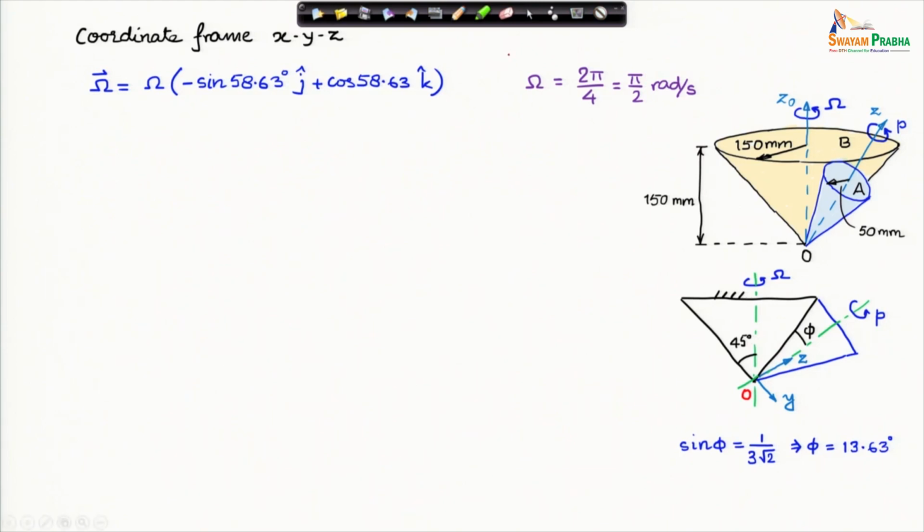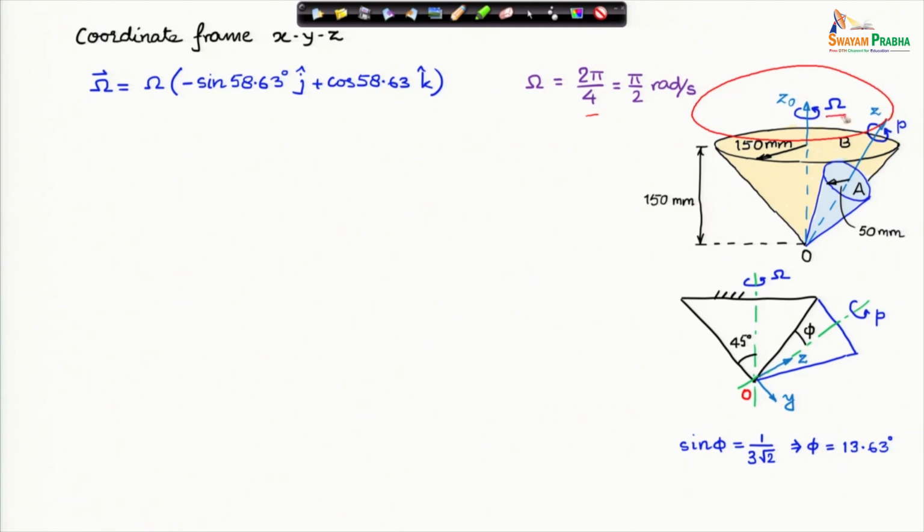Now, the magnitude of capital omega is given in terms of the time it takes for the small cone to make a complete trip around cone B, the fixed cone. This axis covers 2 pi radians in 4 seconds.